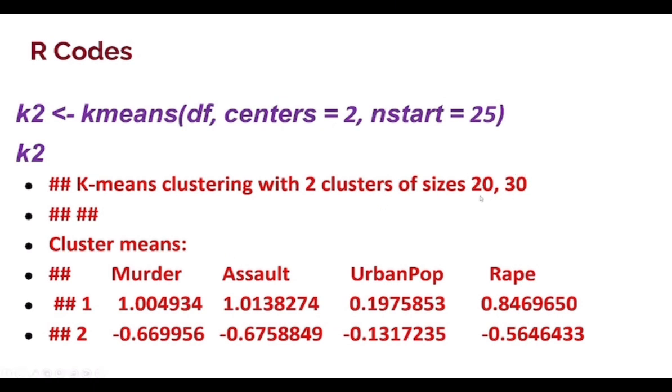Take a look at that, 20 and 30. Adding them together will be 50. And if you want to have access to the cluster means for each variable, this is the mean for murder for cluster 1, the mean for assault for cluster 1. When you are looking at the means of the crime variables for cluster 1, it's that, and for cluster 2, it's that.